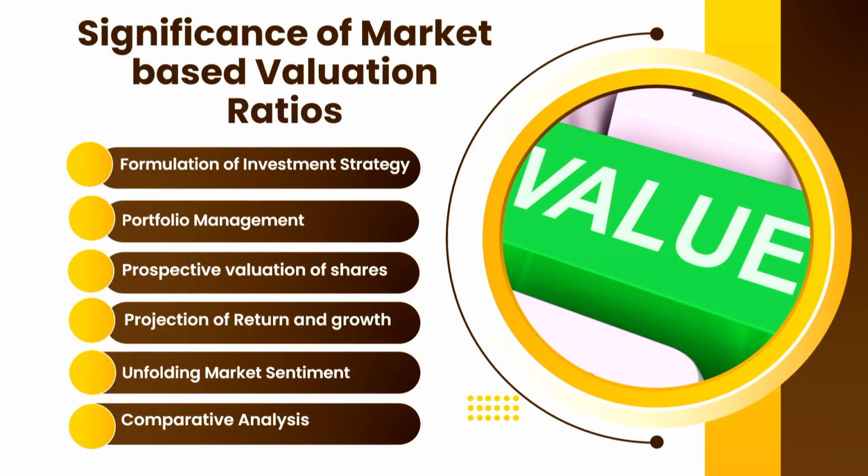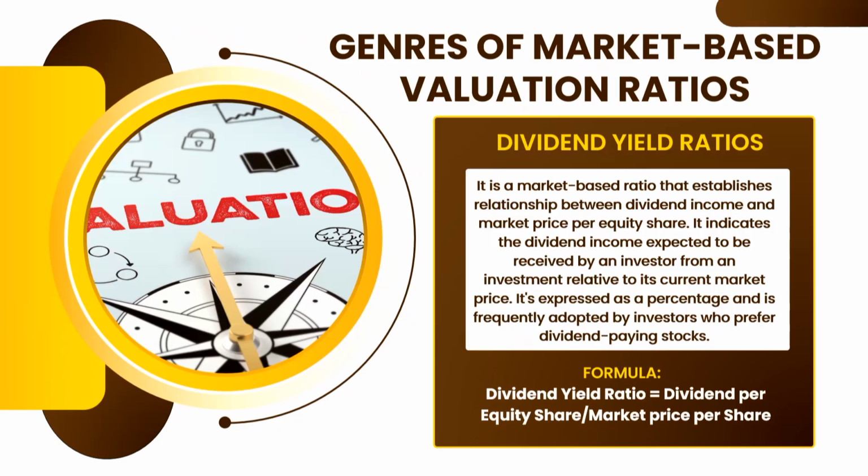Now, after having deliberated on this significance, let us move into different market based valuation ratios. The first is dividend yield ratio. Essentially, dividend yield ratio is going to establish a relationship between dividend per share and the market price per share.